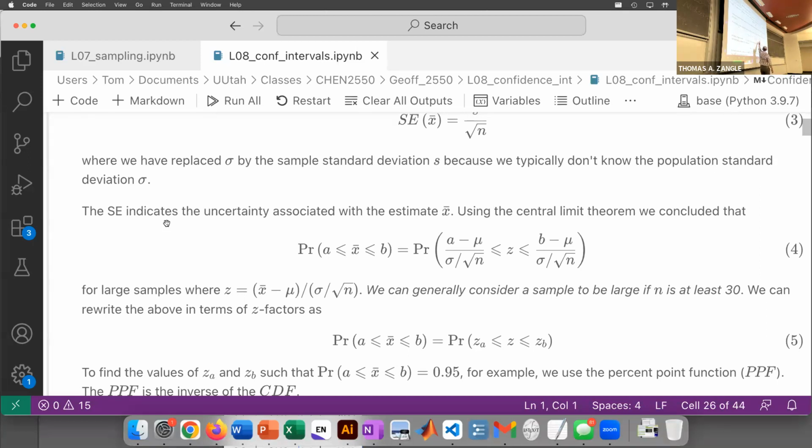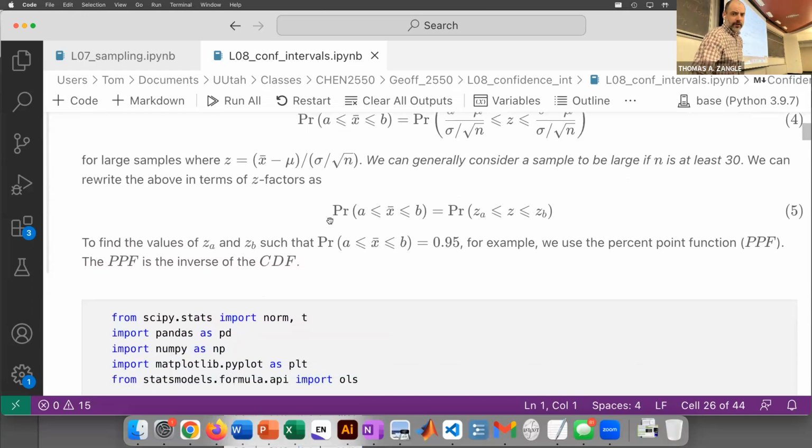So it'd be like a minus mu. The probability of finding a sample mean between A and B would be the probability of having a z-score between the value that corresponds to A and the z-score that corresponds to B. And that's what's rewritten down here in equation 5.